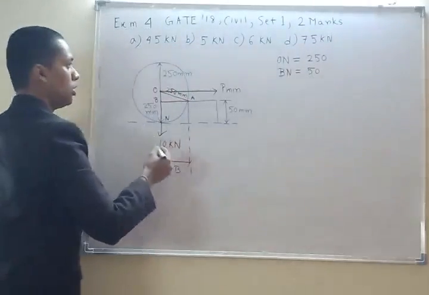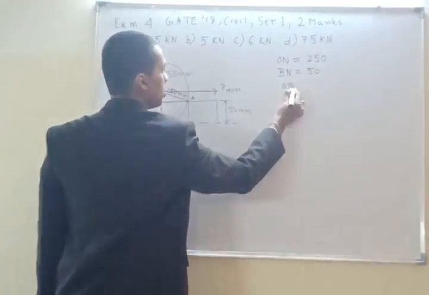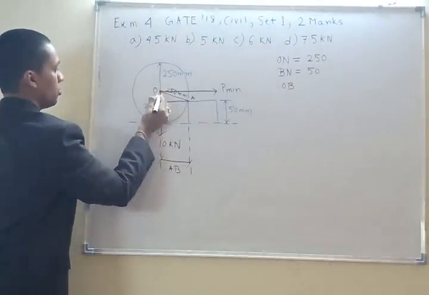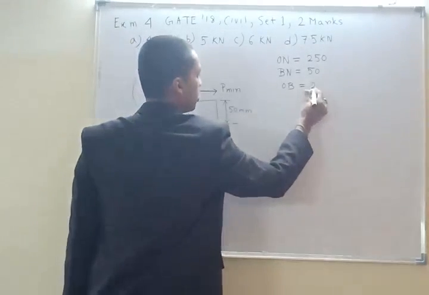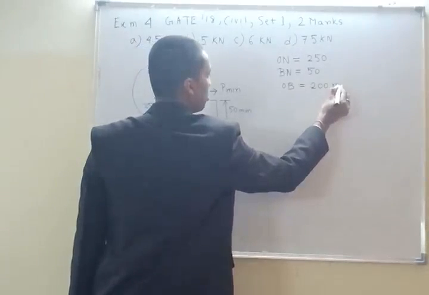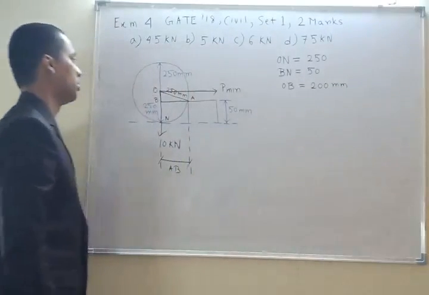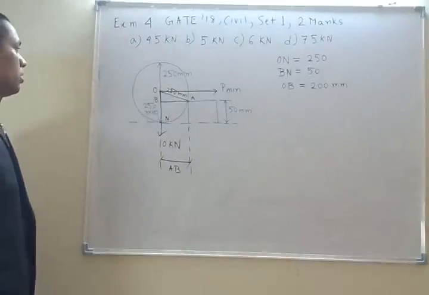So what is OB? OB is this portion, 250 minus 50, that is 200 millimeter.